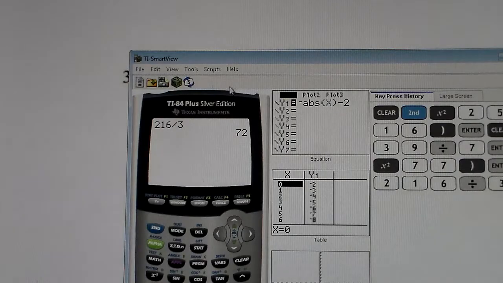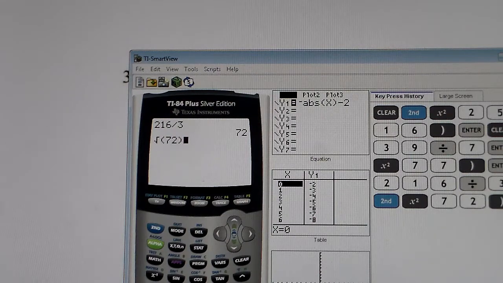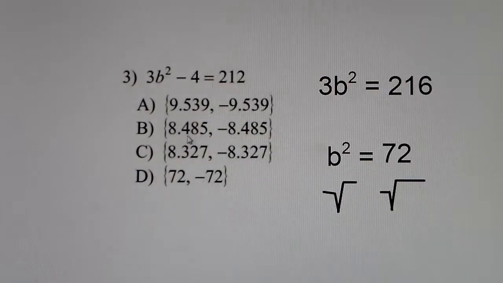And we put that in a calculator. So the square root of 72 is 8.485 dot dot dot. So that would be 3 is B.